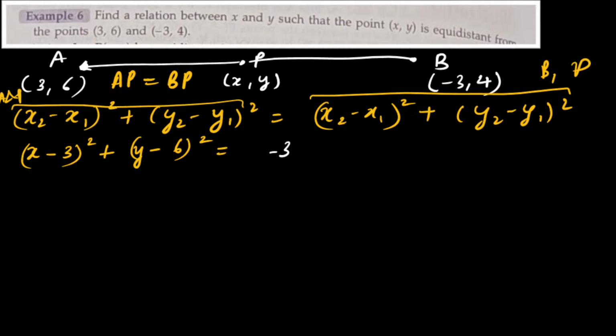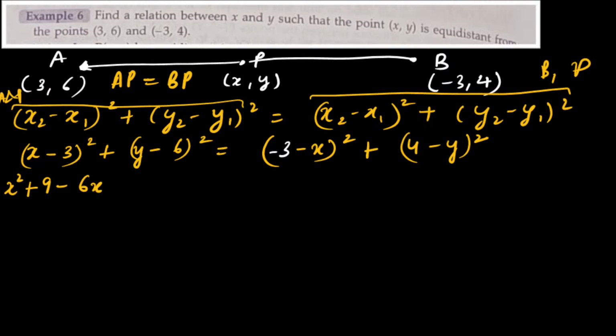So minus 3 minus x whole square plus y2 is 4 minus y whole square. So let's apply here also (a minus b) whole square. So x square, directly I am just going to apply, x square plus 9 minus 6x. Here we will get y square plus 36 minus 12y.